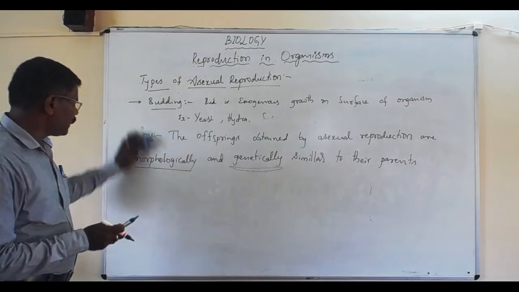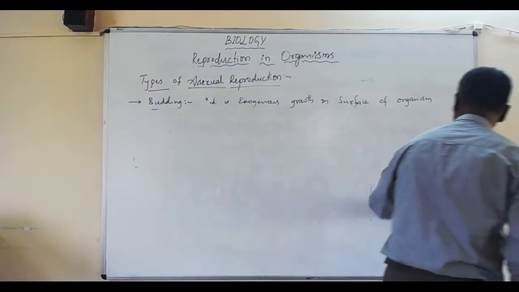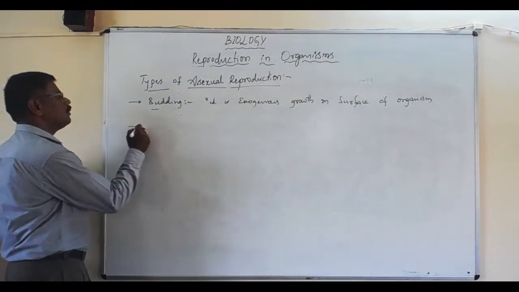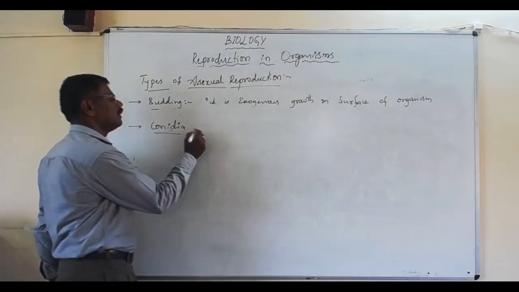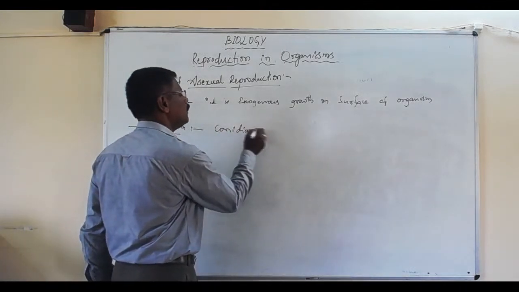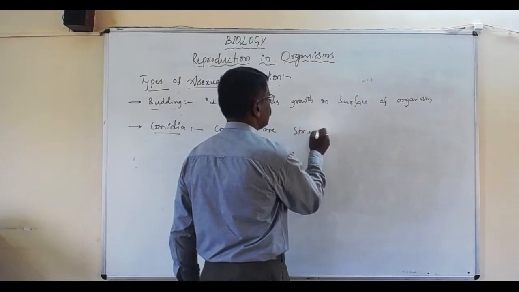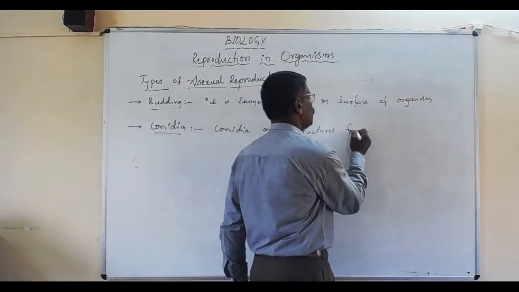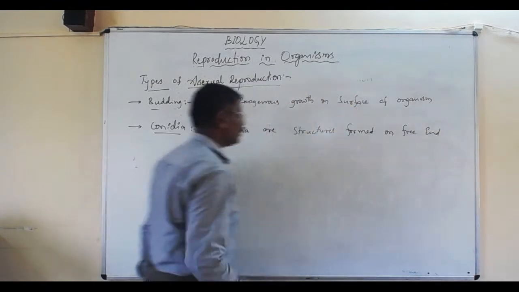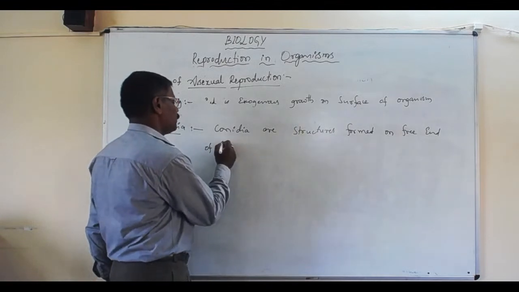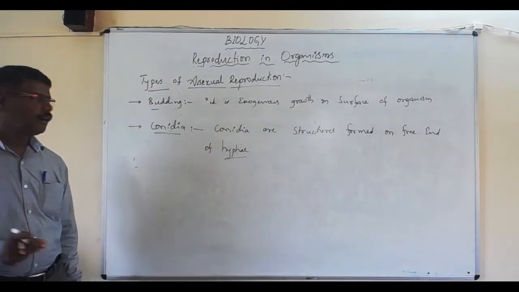So, another method of asexual reproduction is conidia formation. Conidia are structures formed on the free end of hyphae or mycelia.